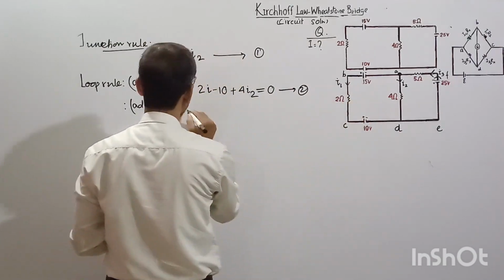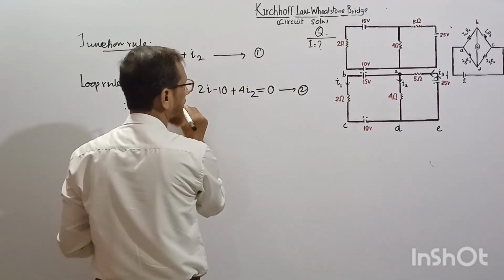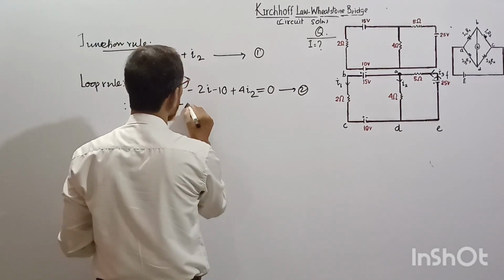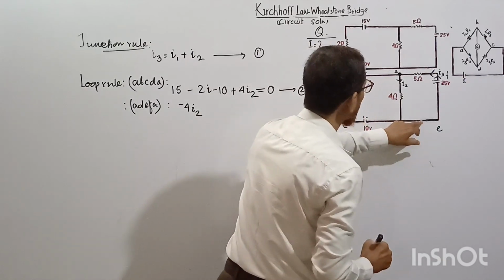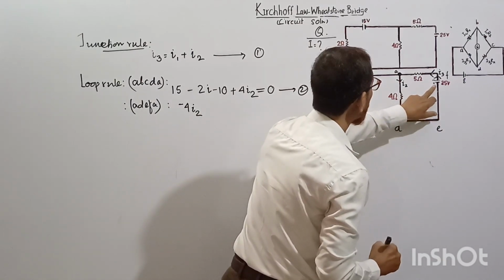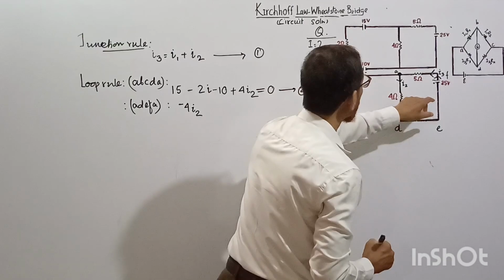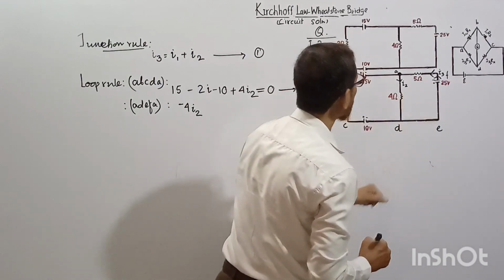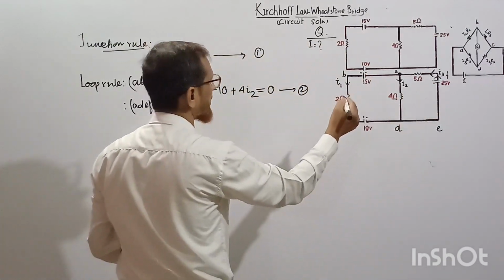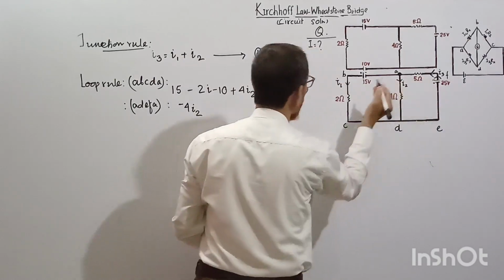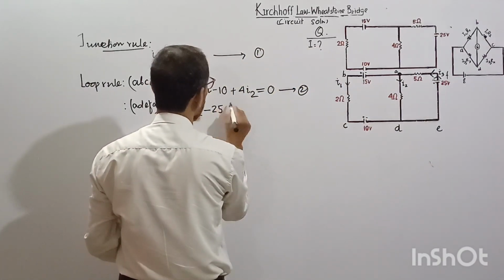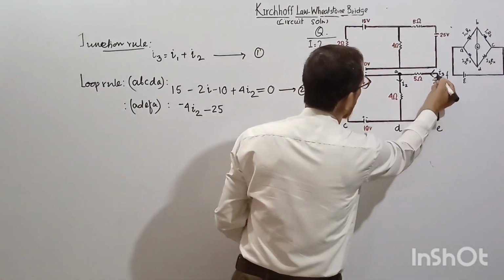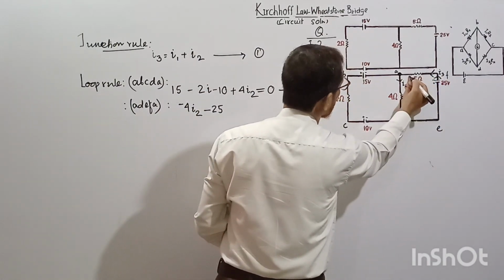So the voltage drop is V equal to IR, so it is minus 4I2, am I right? So it is coming in this way, and here it is passing through minus to plus. So minus to plus in a cell, the answer is minus 25, and again this is entering toward this one.